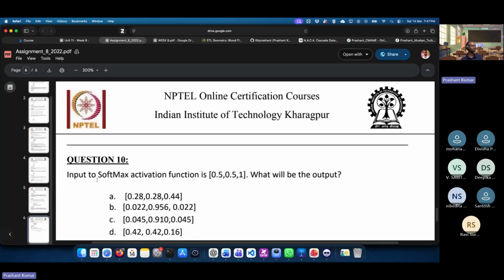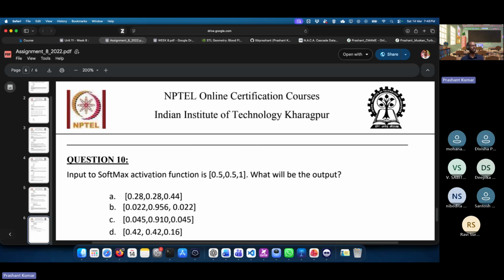Question 10: the input to the softmax activation function is this, and this. What will be the output? Obviously option A. How to find it?